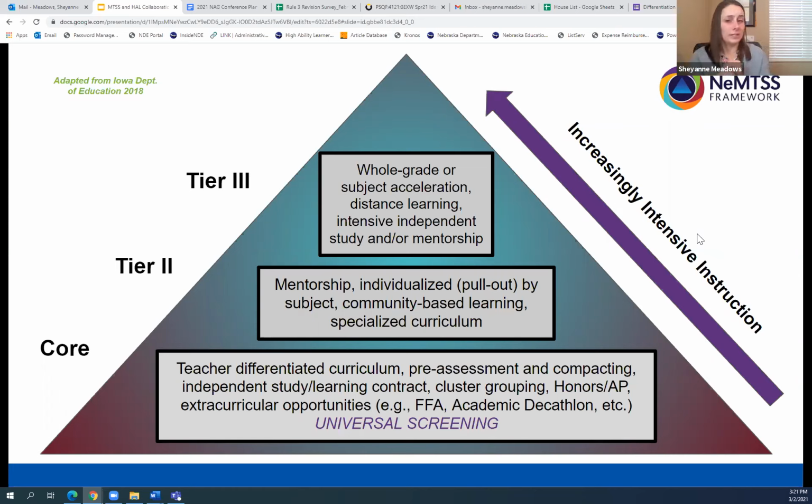And they may need some really intensive interventions such as whole grade acceleration, subject acceleration, intensive independent studies. So we have this continuum of services for that all-some-few.